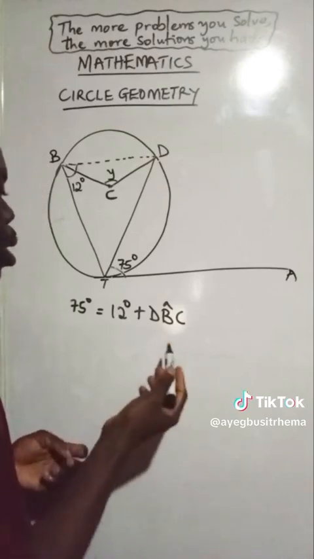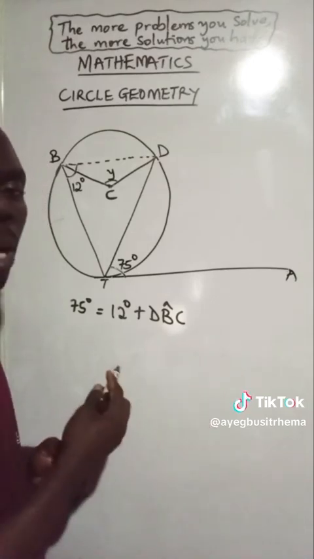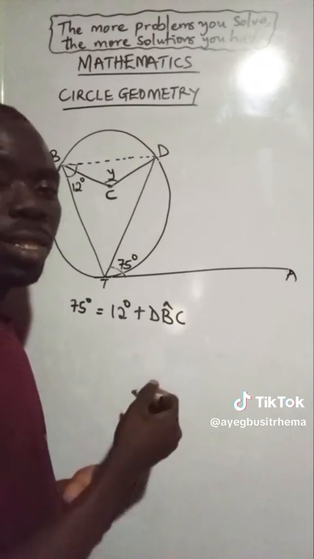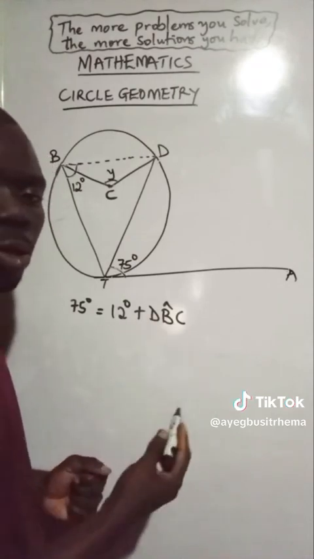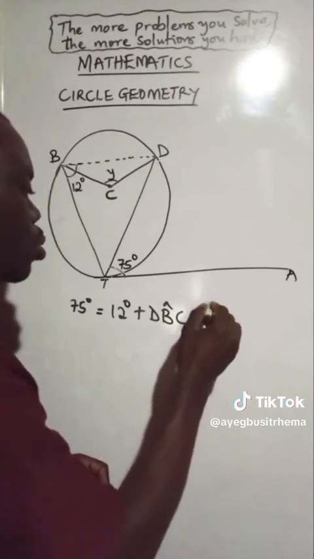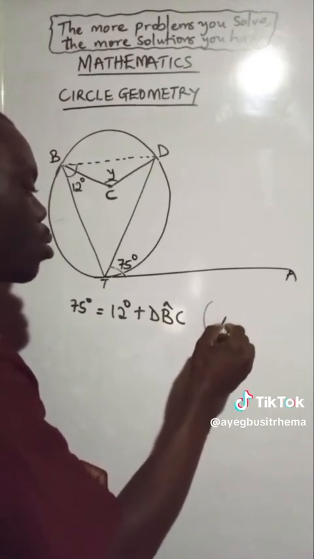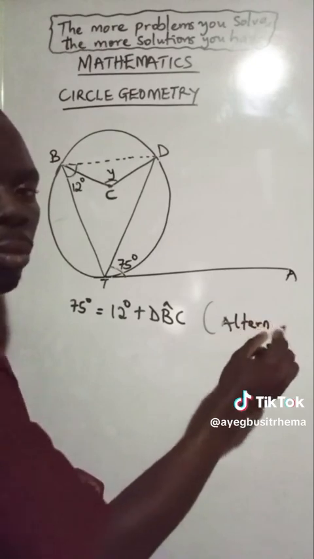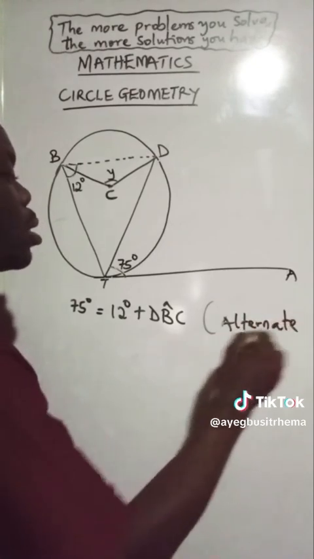Alright? And which theorem backs this up? Because whenever you write every part, you must tell us the theorem that backs it up. So you can easily shorten it as alternate segments.